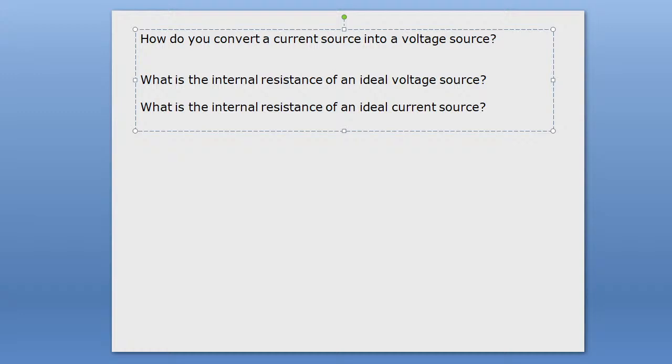After that, different types of elements: linear element, non-linear element, passive element, active element, lateral, bilateral, and also energy storing element, energy dissipating element, with examples.